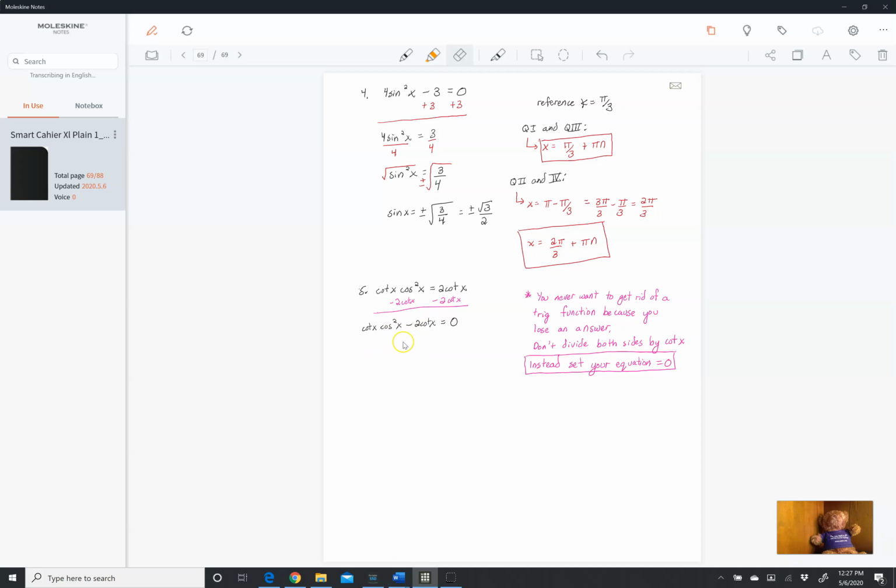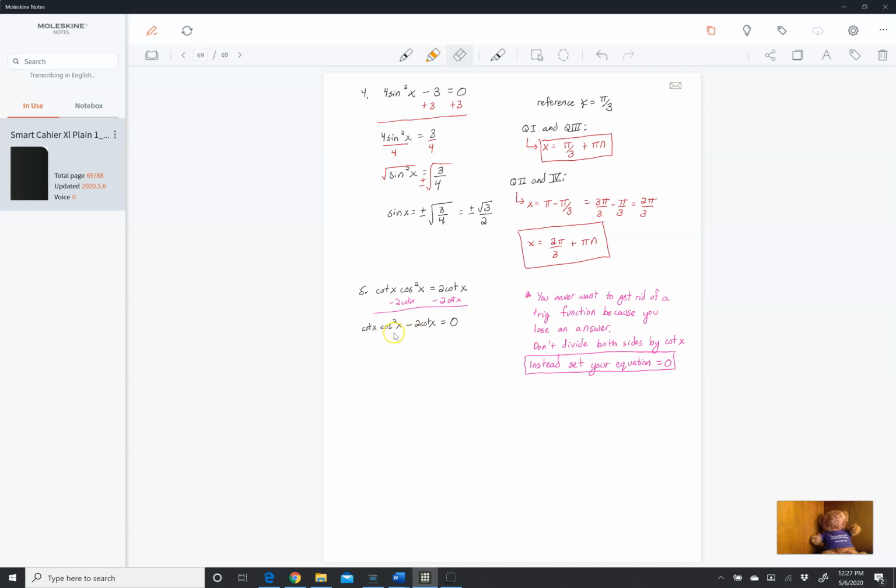And now we're just saying, okay, how do we solve this? So you certainly can add 2 cotangent of x to both sides, because then you just undo what you did. But if you notice, cotangent of x exists in both terms, so we can factor it out. One of the things that you should always be looking for is, can I factor?